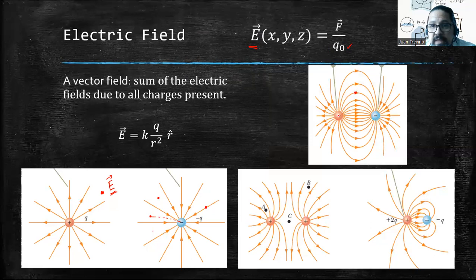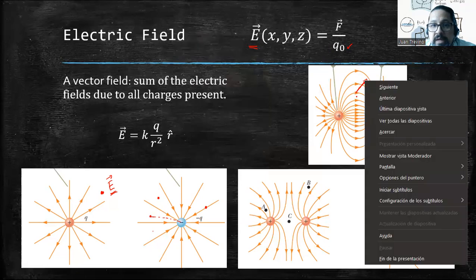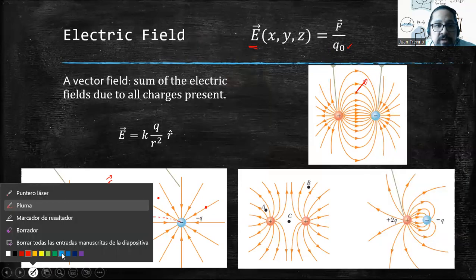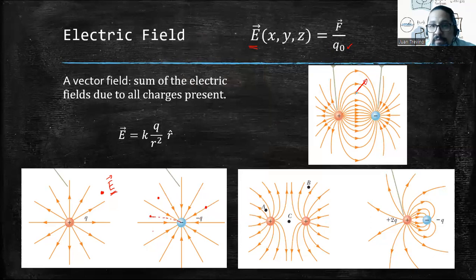So for example, in this case, the positive charge will contribute electric field in this direction, while the negative charge will contribute with an electric field in the direction of the blue arrow. Remember, the positive charges have fields pointing away from them, and negative charges have fields pointing towards them.